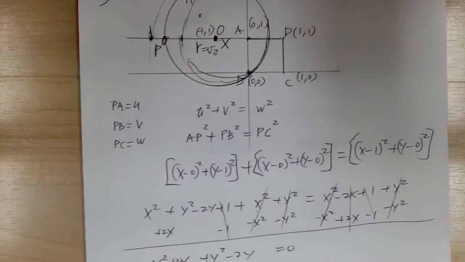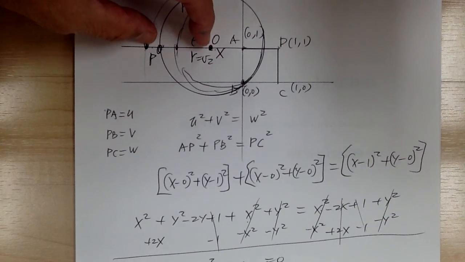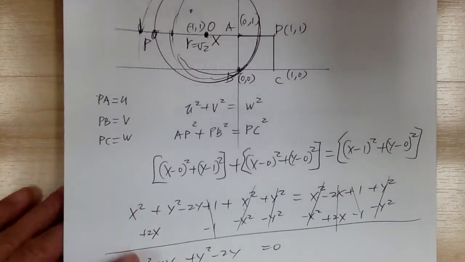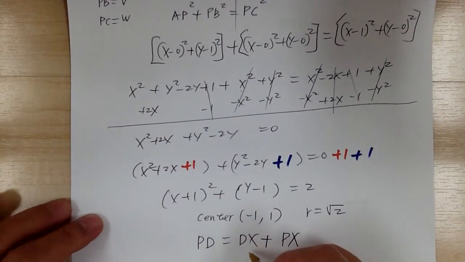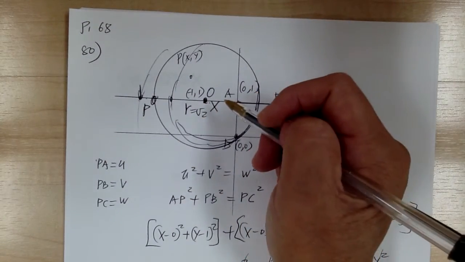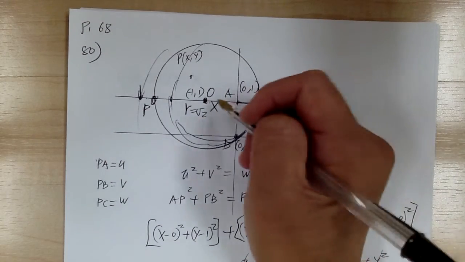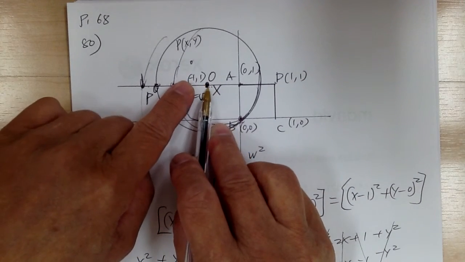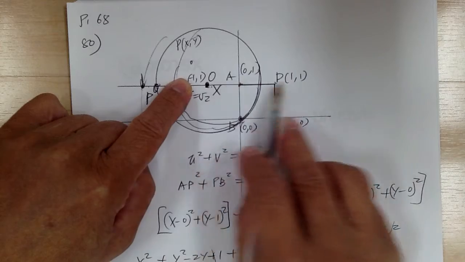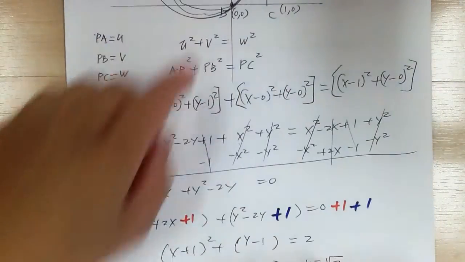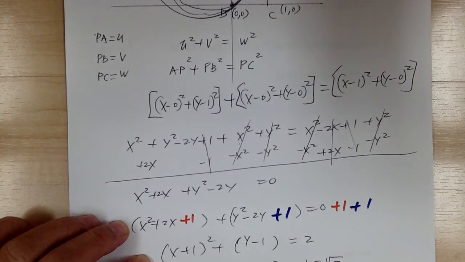Again, PX plus DX gives you PD. Now DX equals 2, because remember the center coordinate over here is negative 1, 1, and this is 1, 1. So the distance is 2. So PD equals 2.